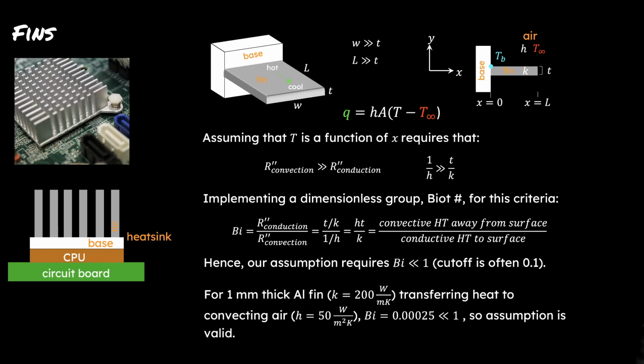It's 0.00025, which means this assumption is valid and we can treat this temperature distribution as depending only on x, but it has no y dependence. Again, we're not worried about a z dependence here. This would be the dimension coming out of the page in the two-dimensional diagram drawn in the upper right-hand corner. This is because the majority of heat loss is through the faces defined by L and W, which is in the y dimension.